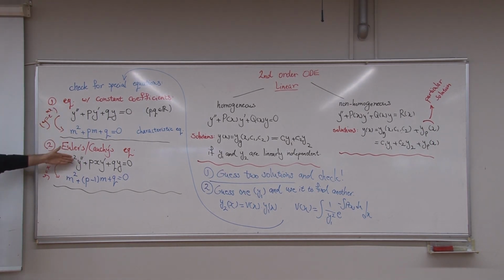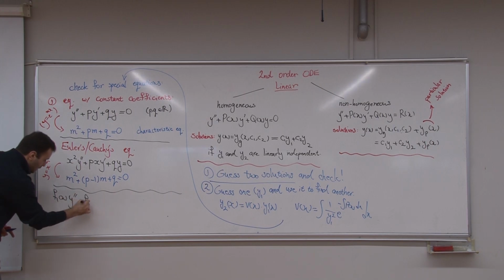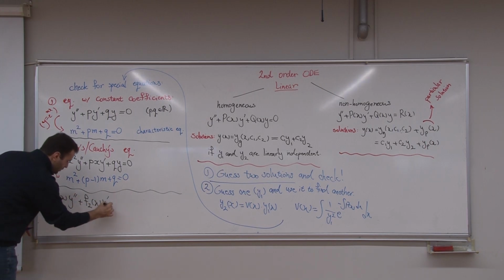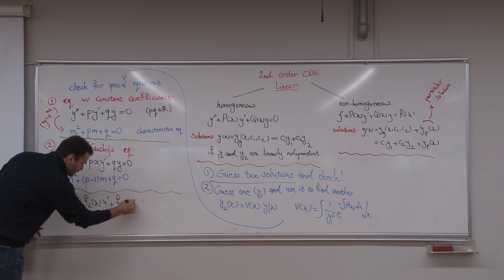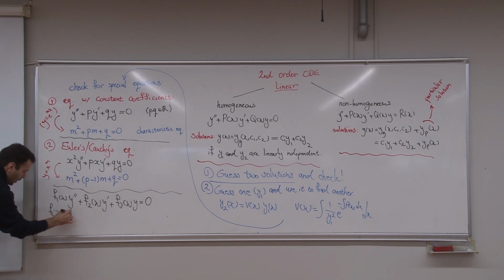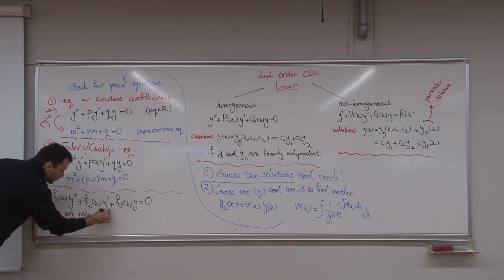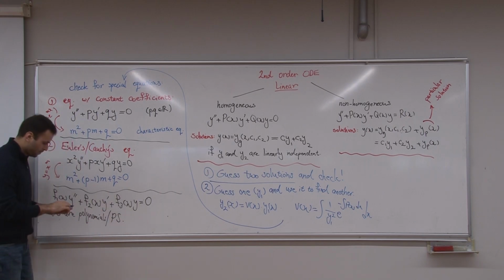What will happen after this? We will have general equations with general coefficients, f2 of x y prime plus f3 of x y equal to 0, such that the f_i's are polynomials or power series.